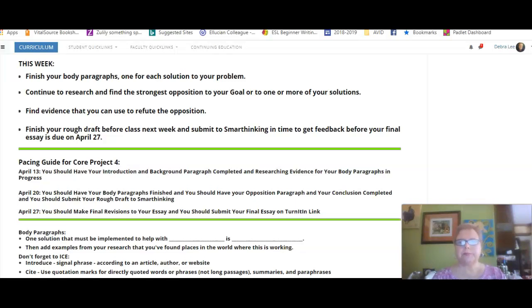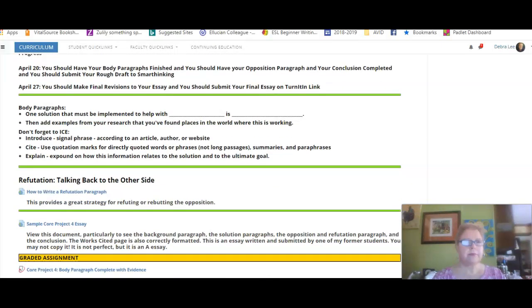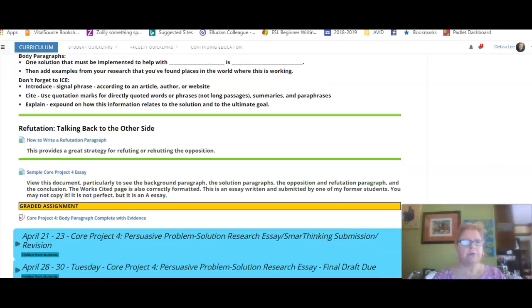So you want to have a topic sentence for each of those paragraphs that introduces the idea, the concept of the solution, and it makes it easy for your reader to follow along.